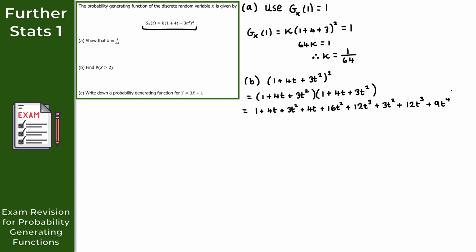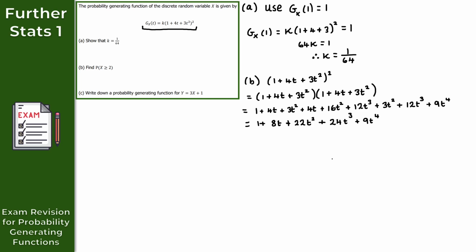Okay, so if we collect like terms and simplify this full expression, what would I get? I'll just give you the simplified form. We get 1 plus 8t plus 22t squared plus 24t cubed, and finally plus 9t to the power of 4.